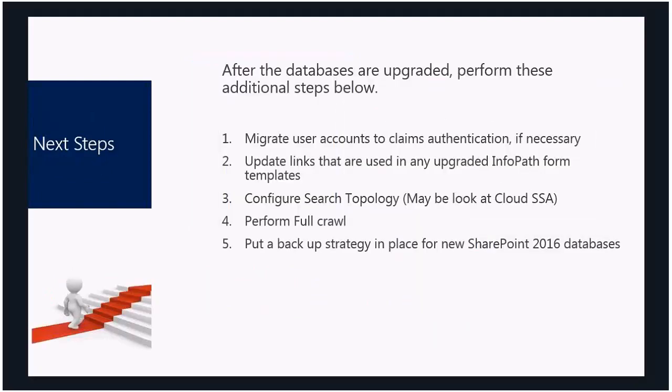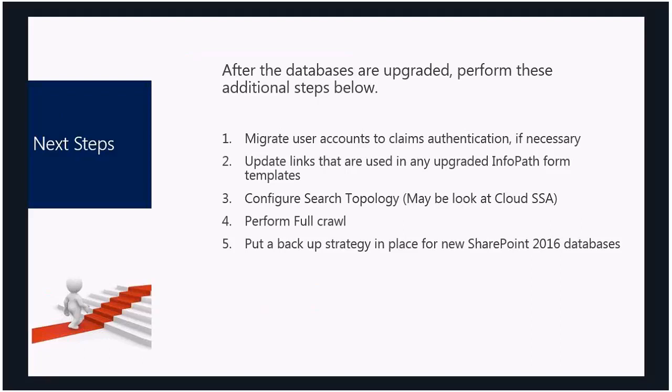So the next step is about this: by default, the new web application in SharePoint 2016 uses claims authentication. But what happens if you were using classic authentication in the previous environment? You must migrate the users into claims authentication.